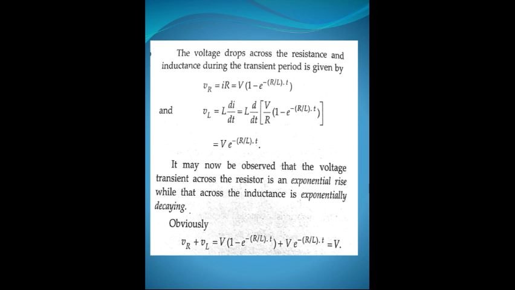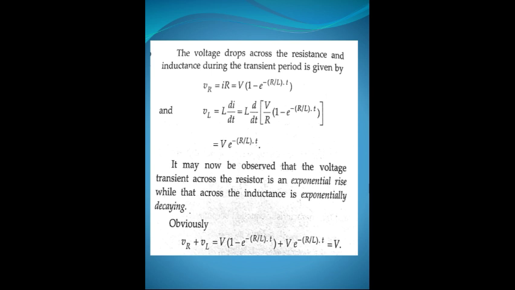We know that the voltage drop across resistance, that is VR, is equal to IR, that is V into 1 minus e to the power minus R upon L dot T, and VL is the voltage drop across the inductor, that is L di upon dt, where I is V upon R into 1 minus e to the power minus R upon L T. So L di upon dt simplifies to V e to the power minus R upon L T.